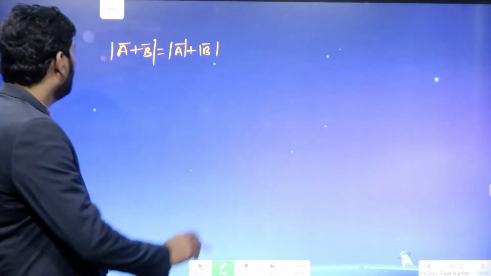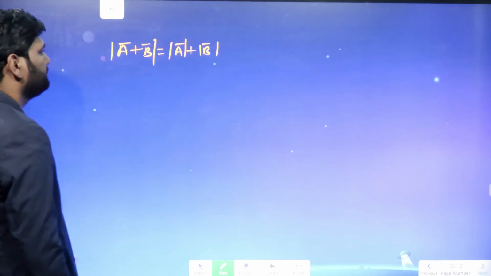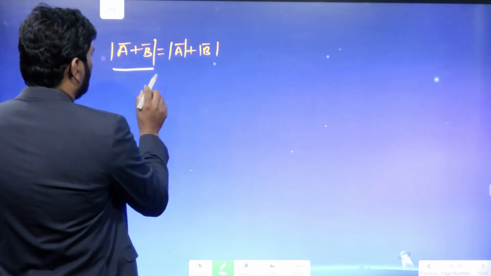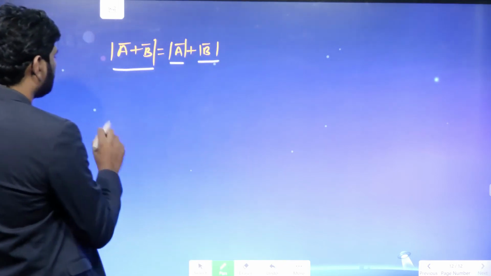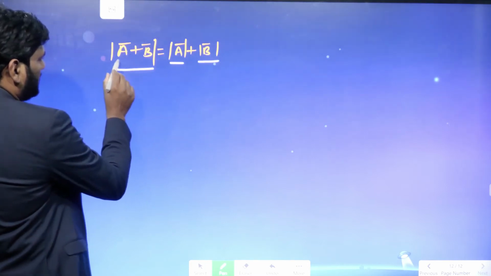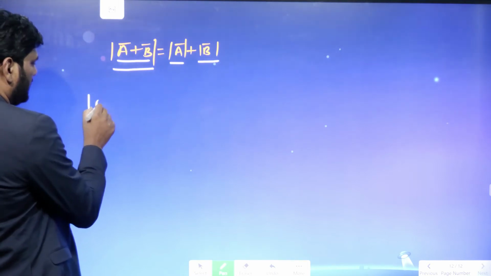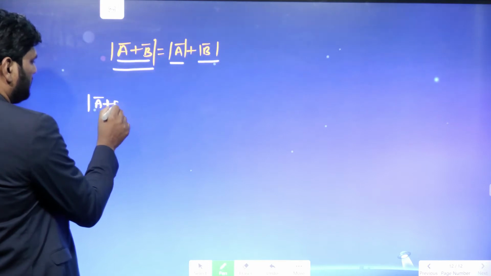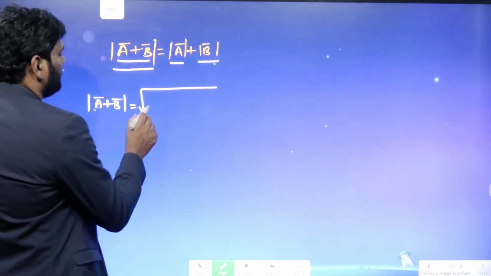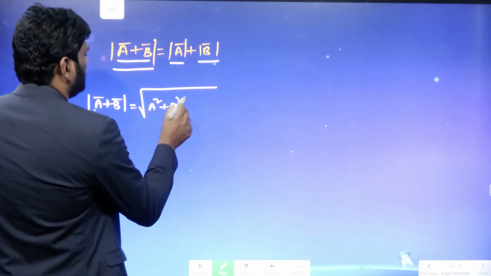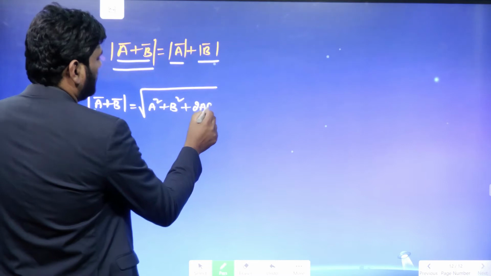So here we have A bar plus B bar. How do you solve this? Directly they gave mod of A plus B equal to mod A plus mod B, isn't it? First let me take mod of A plus B. Mod of A bar plus B bar is the square root of A square plus B square plus 2AB cos theta.